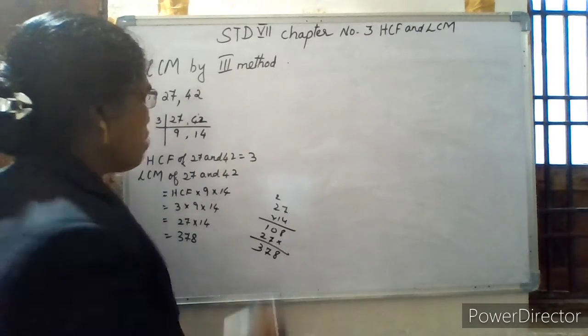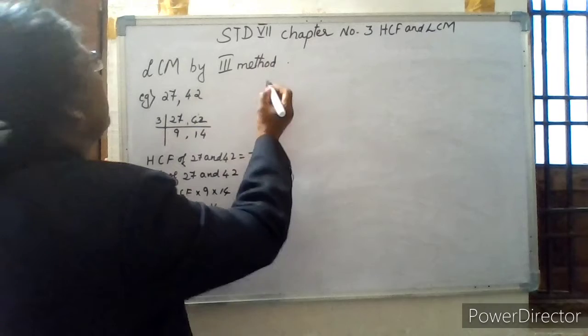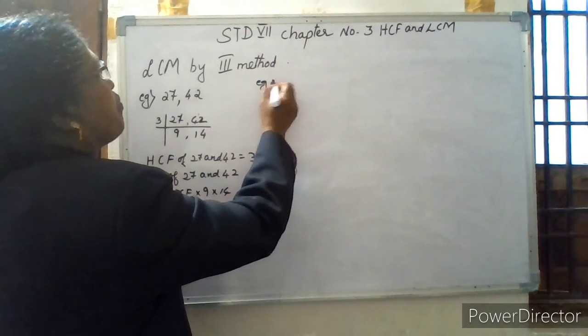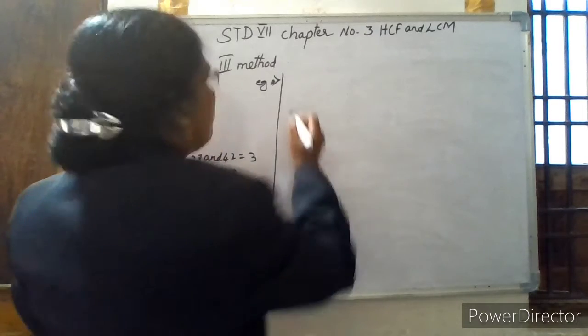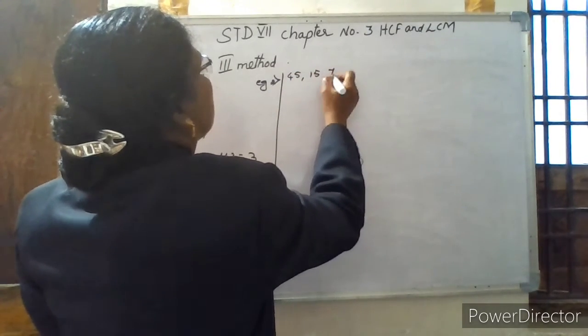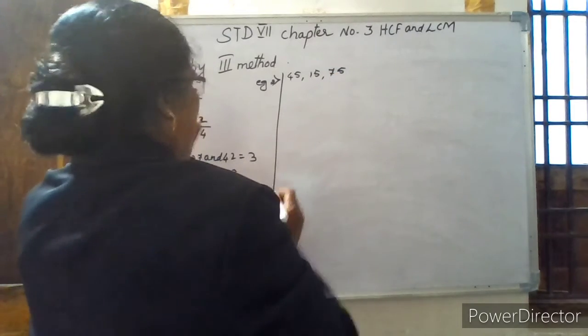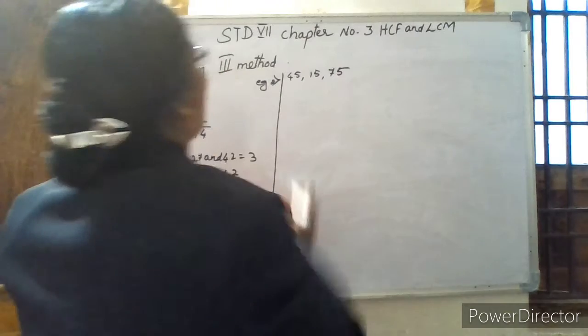In the same manner, let us take another example. Example 2, with the same method. Suppose 45, 15 and 75 are there.